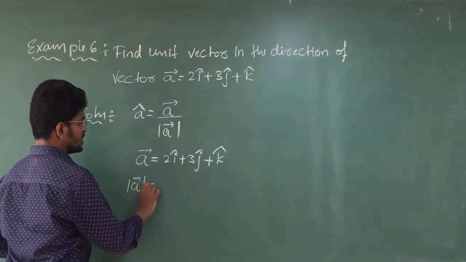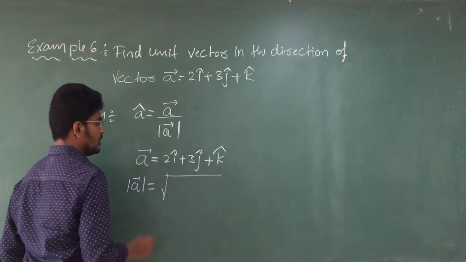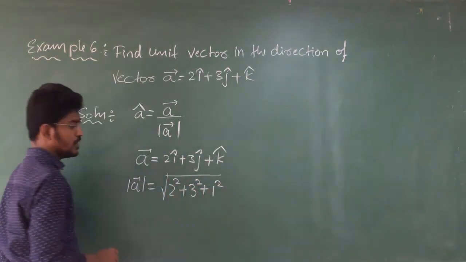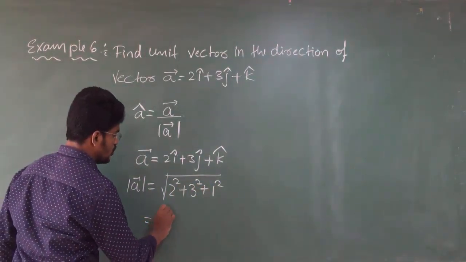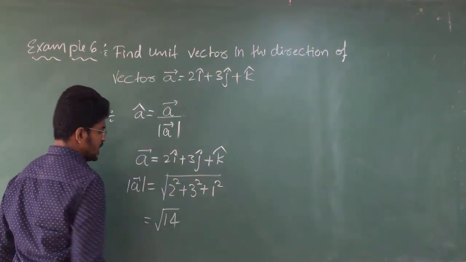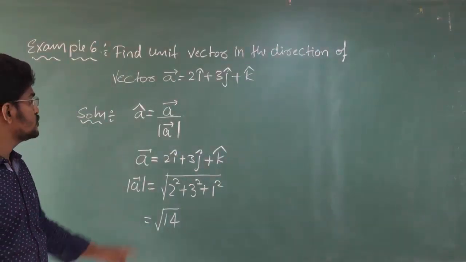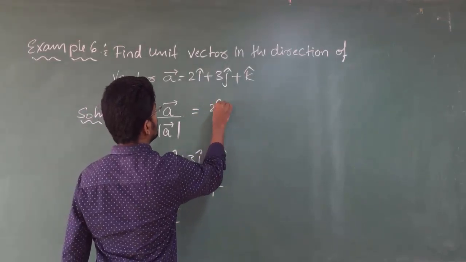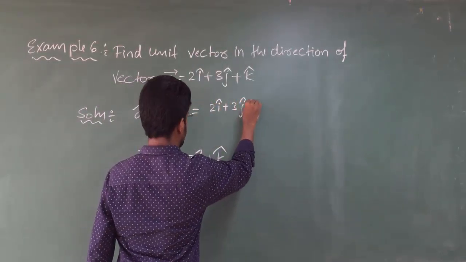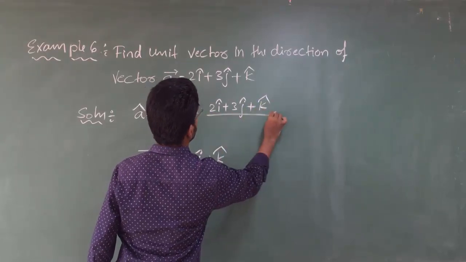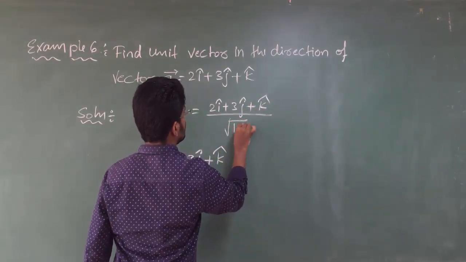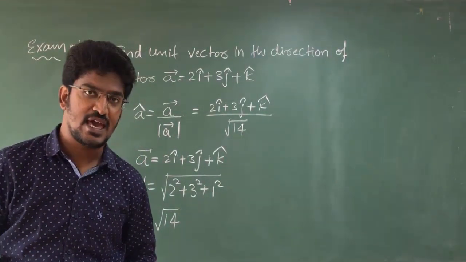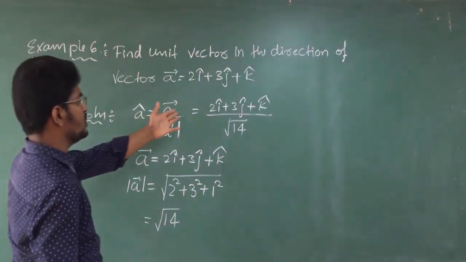Magnitude of vector A is equal to square root of 2 square plus 3 square plus 1 square, that will be equal to square root of 14. So you replace the terms. That is 2i cap plus 3j cap plus k cap divided by root 14 is equal to your vector A cap. Clear?